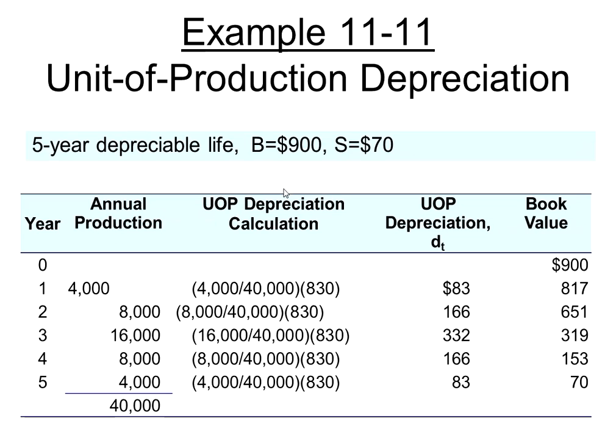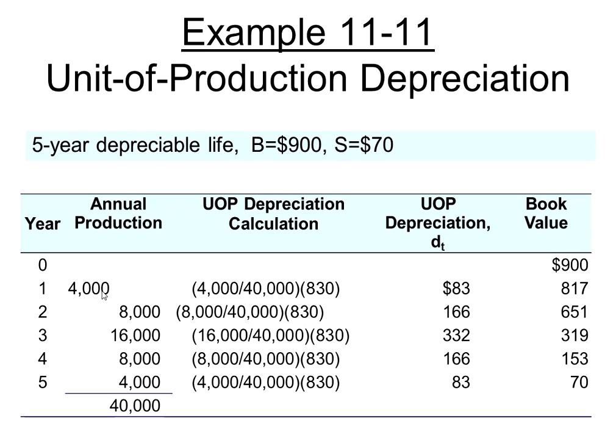Then we can use the unit of production calculation. This 4,000 is going to be divided by the total, which is computed by adding all of those up. We sum 4,000 during first, 8,000 during second, 16,000 during third, 8,000 during fourth, and 4,000 during fifth.